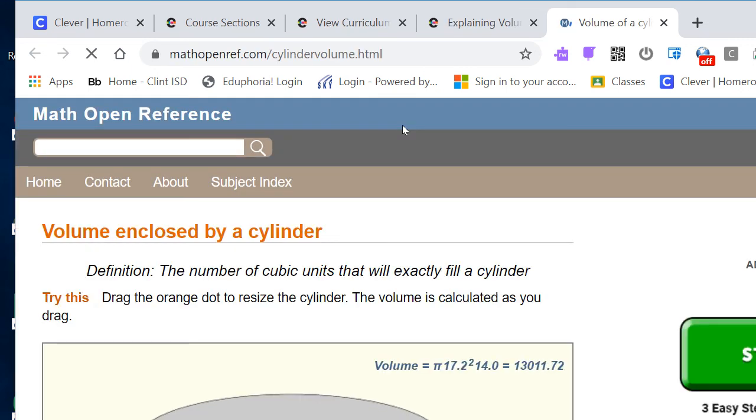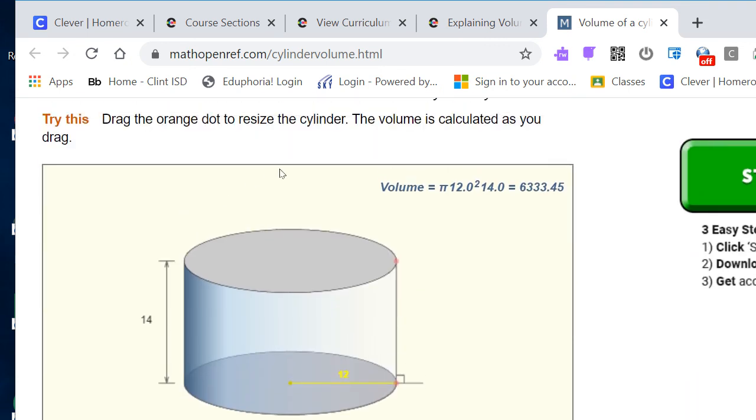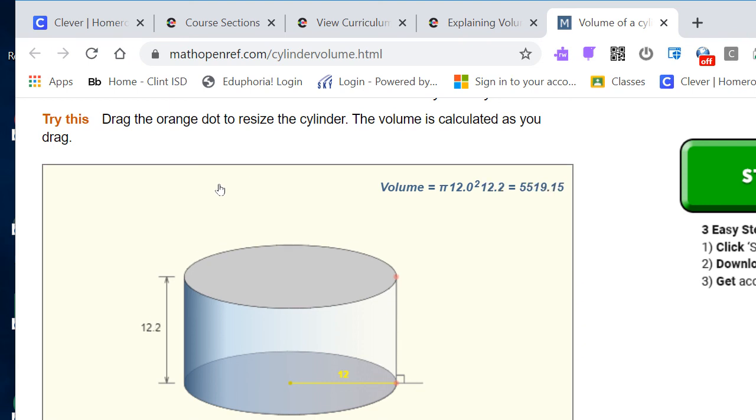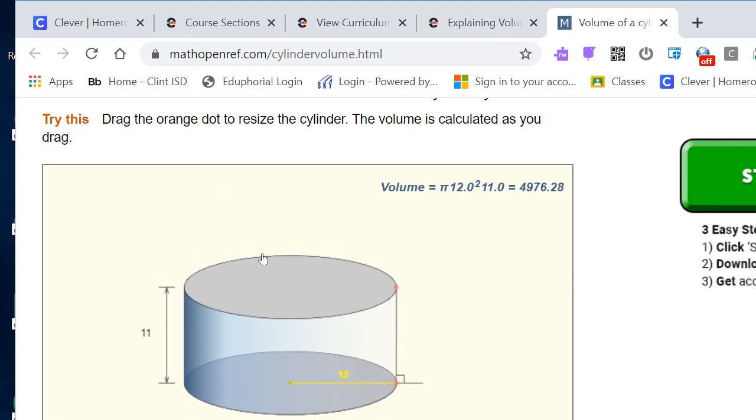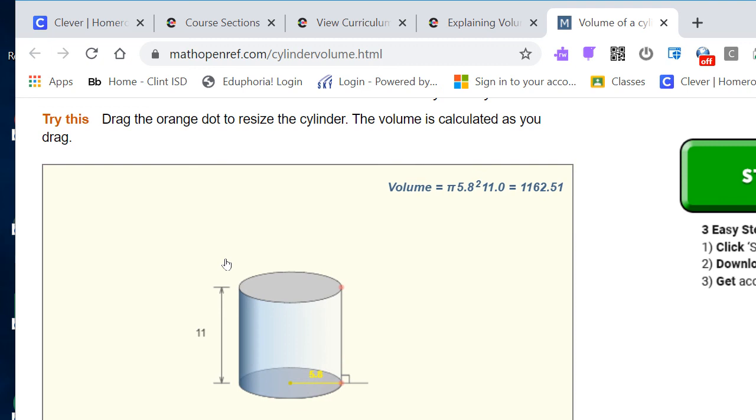So I'm going to click on the first one, and it's my cylinder. I'm going to do a radius of 6 and a height of 11. Radius of 6, height of 11, and then this would be my volume.